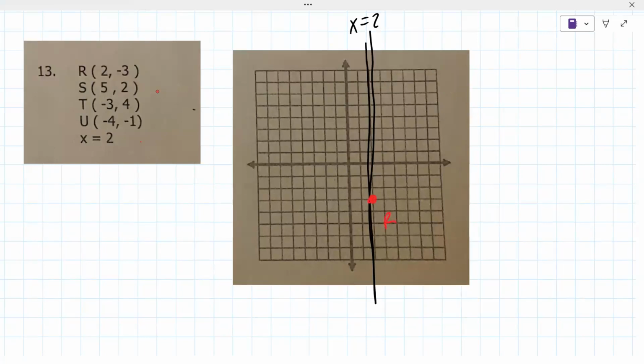S is 5, 2, 1, 2, 3, 4, 5, 2. T is -3, 4. And then U -4, -1.